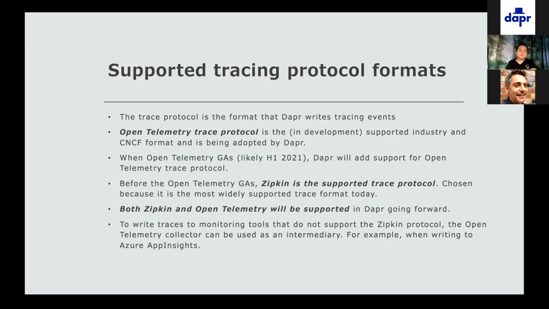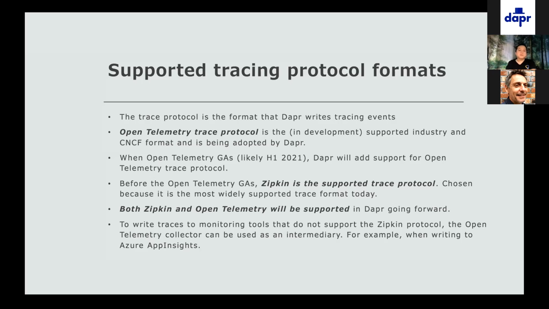After the OpenTelemetry trace protocol is GA, we will support both Zipkin and OpenTelemetry going forward. That will ensure that we don't break anyone that is using Zipkin today, and will allow users time to move to OpenTelemetry on their own agenda, and when OpenTelemetry is mature enough.